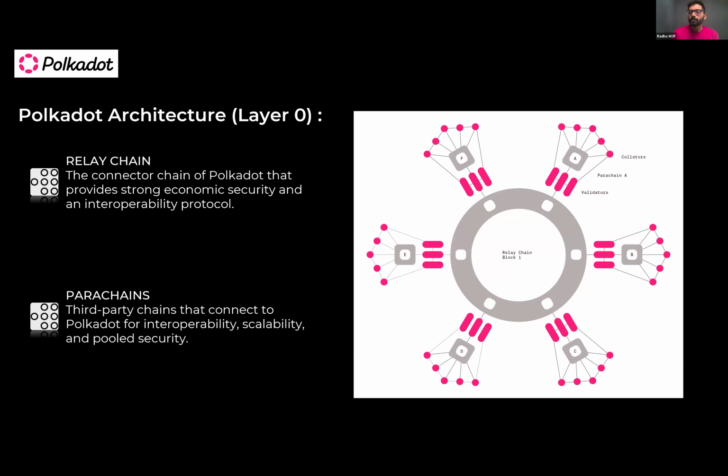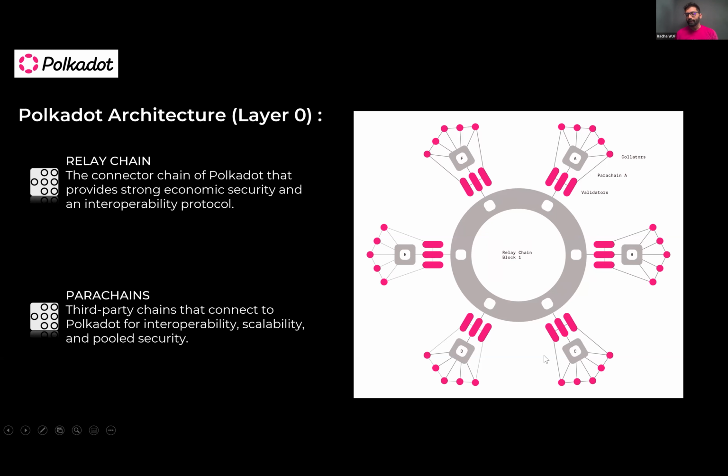Okay, so people often compare Polkadot with layer 1 blockchains. Layer 1 blockchains are like Bitcoin, Ethereum, etc. So that's a common misconception. Polkadot is kind of a layer 0 blockchain, meaning, so here is the relay chain. Basically, it's relaying messages of these parachains.